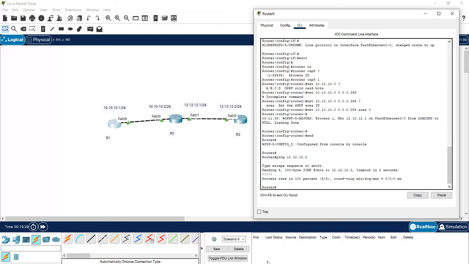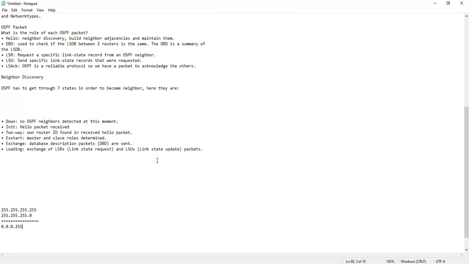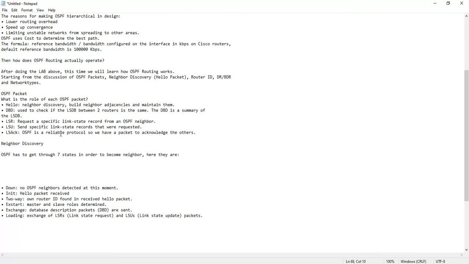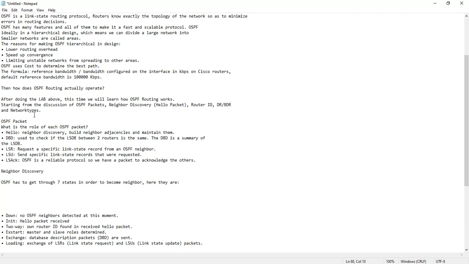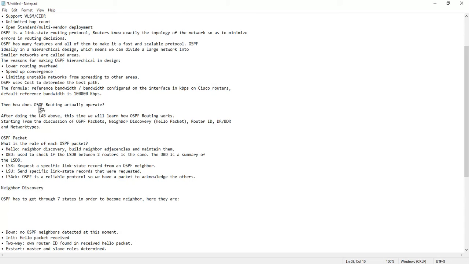Okay, then how does OSPF routing actually operate?